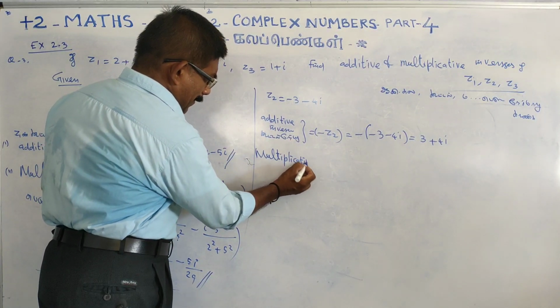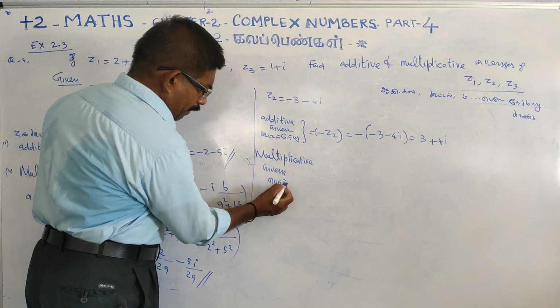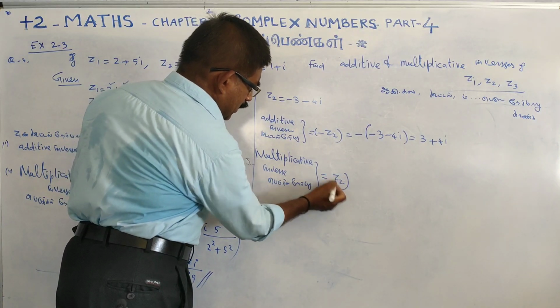Multiplicative inverse, பெருக்கல் நேர்மாறு, z2 power minus 1.